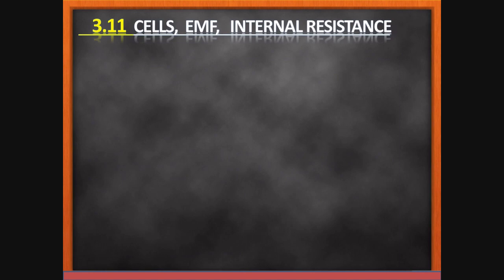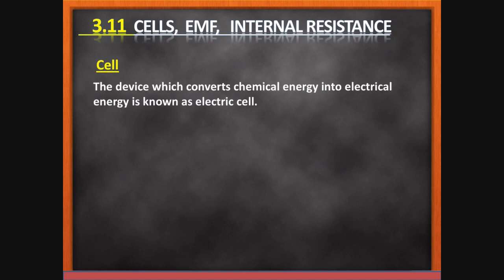Our next topic is 3.11 cells, EMF and internal resistance. So first define a cell. The device which converts chemical energy into electrical energy is known as an electrical cell.